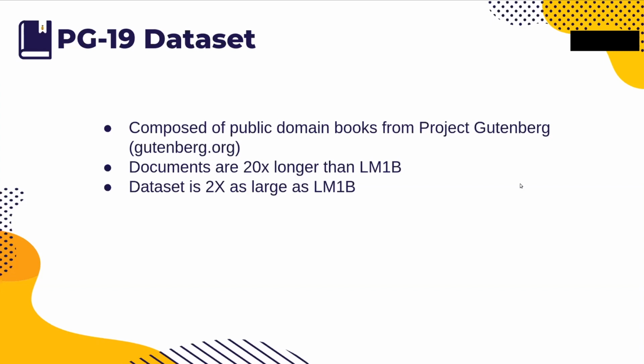And so DeepMind's team built a new data set called PG19 based off of Project Gutenberg, which is an open repository of public domain books. You can find it at gutenberg.org. On average, these documents are 20x longer than the LM1B benchmark, and it's about twice as large. So dataset contributions are hugely important to the field, and I'm really looking forward to the research that comes out of new papers that use this better benchmark.